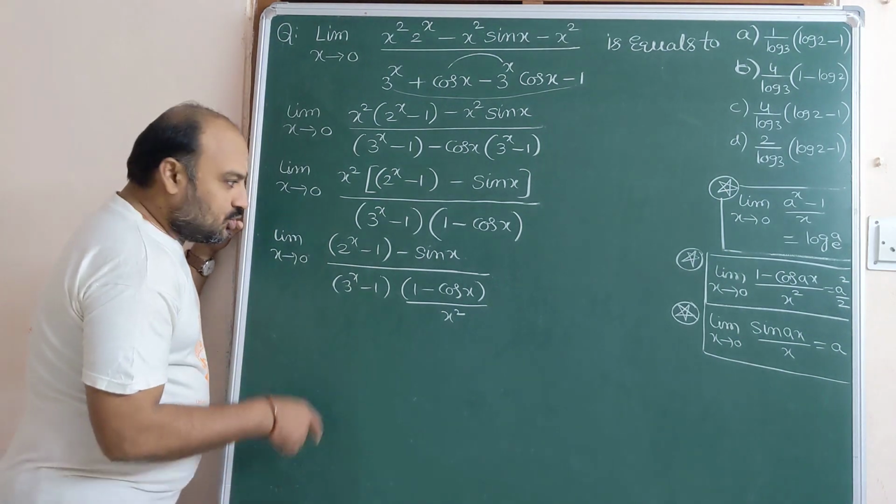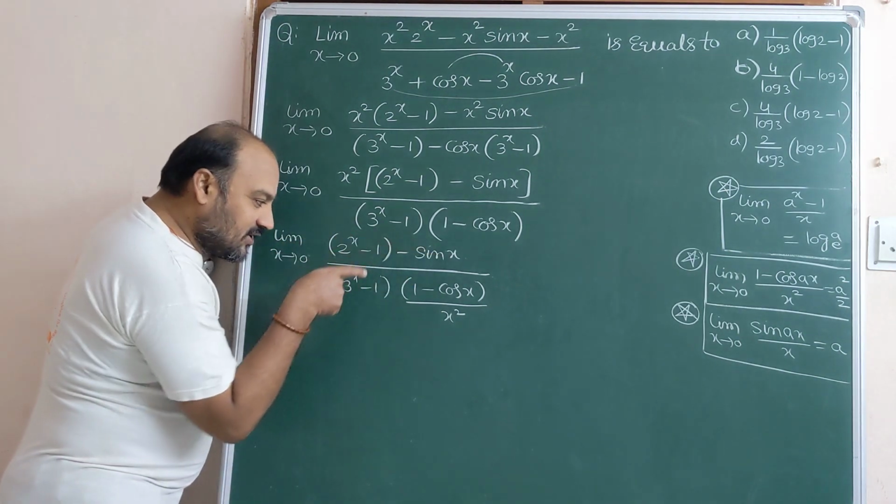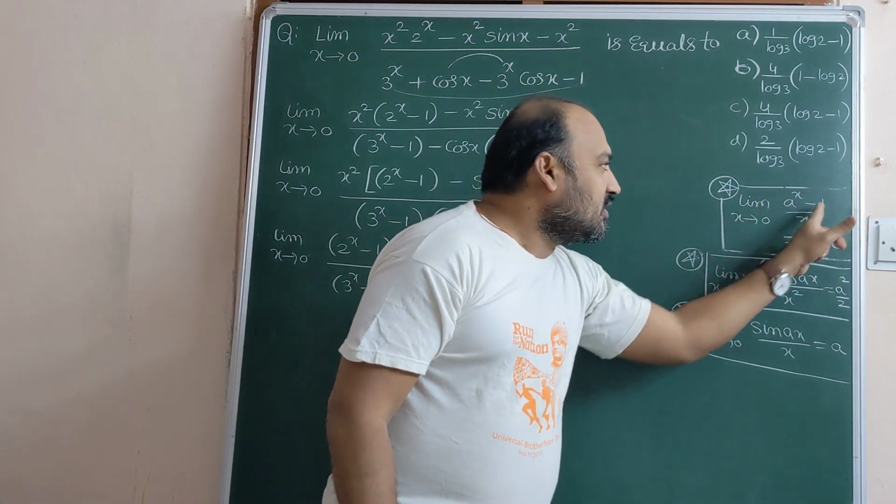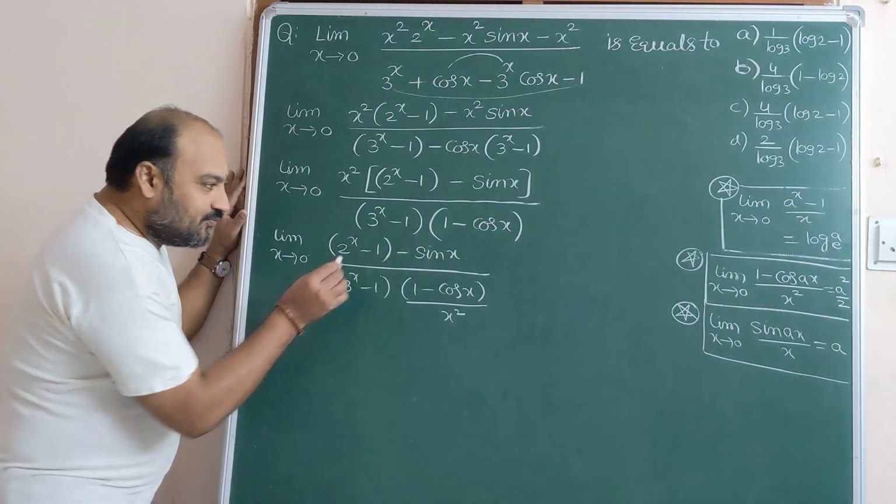Later on, to apply the formulas for this function, it is in this form: limit x tends to 0, (a^x − 1)/x, but x is not there here.